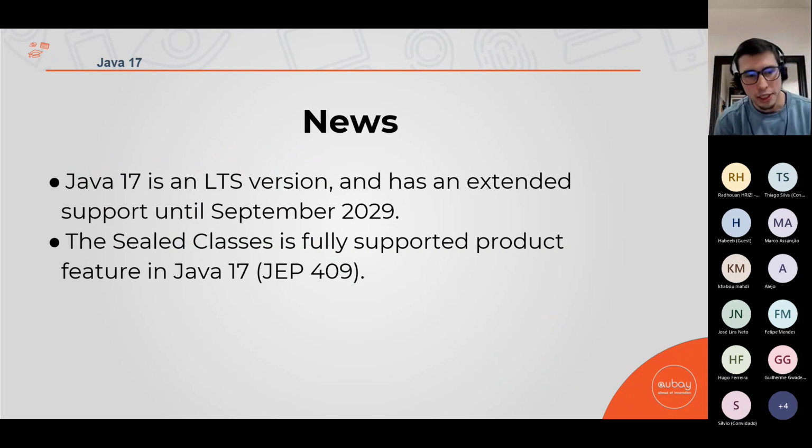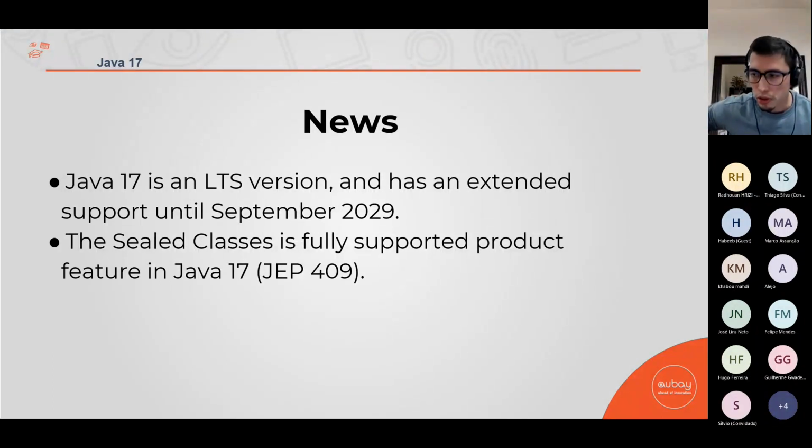Java 17, like I said, is an LTS version and has extended support until September 2029. Also, sealed classes are a fully supported product feature in Java 17. So in Java 17, you can use records, you can use pattern matching for instanceof, and also sealed classes.